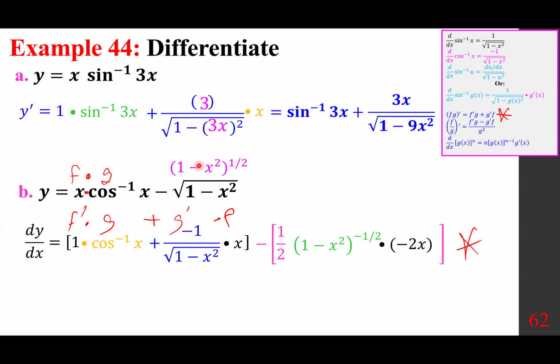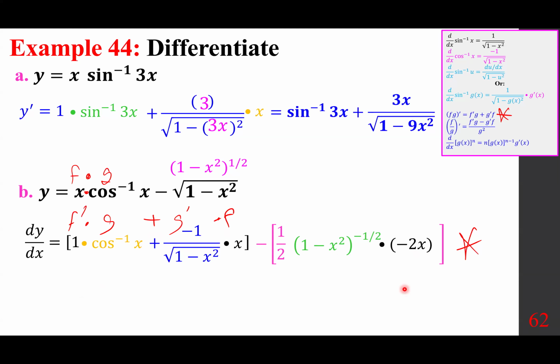And this part uses the extended power rule, 1 half times 1 minus x squared to the power of negative 1 half times negative 2x. So this is cosine inverse. What is this one? Minus x over the square root of 1 minus x squared.